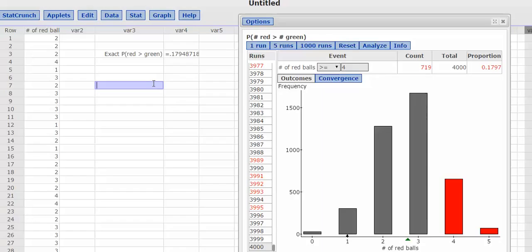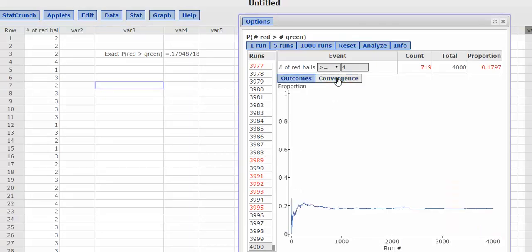But now if your problem says provide the probability to 4 decimal places, you're going to have to simulate a lot, and you really don't have an idea of when to stop simulating. Maybe when you see the convergence. Let's see what happens. I haven't tried this. Let's see what happens when I click this thing called convergence. This is showing you graphically what's going on.